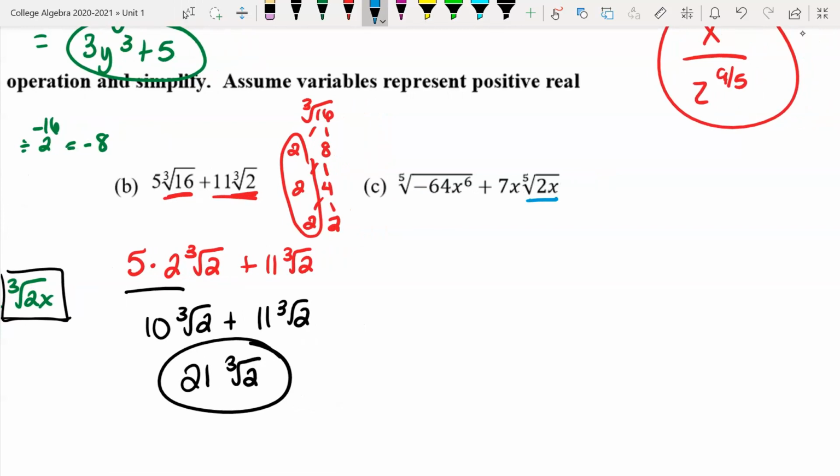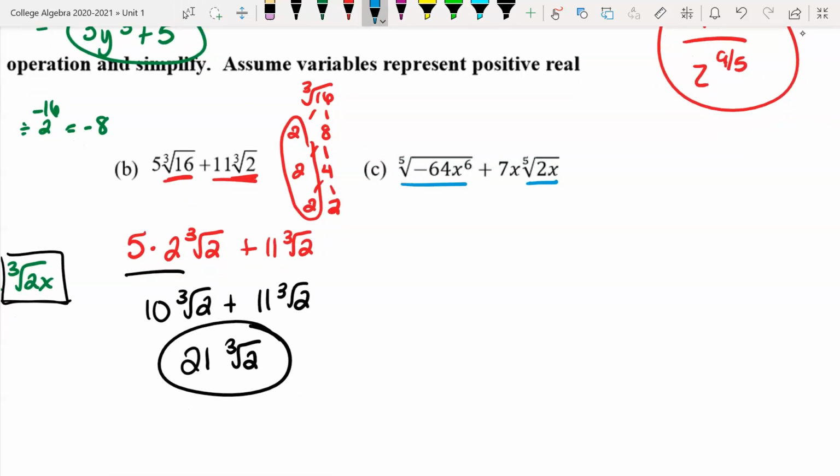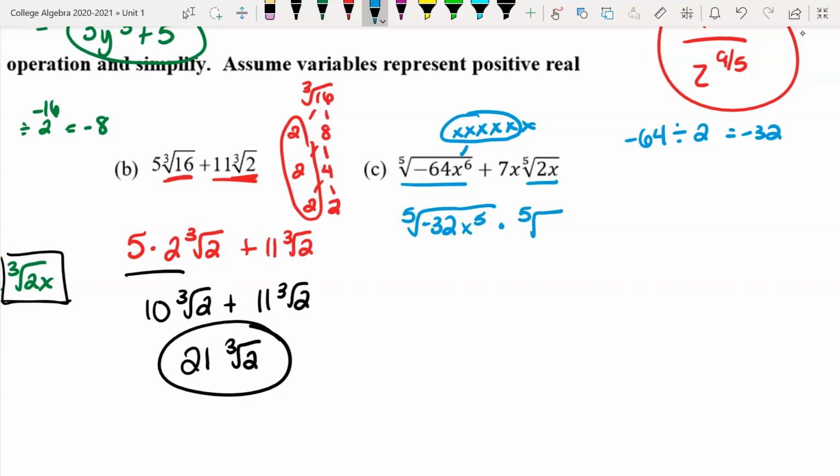Again, same thing here. I have 2x left over. Probably going to have 2x left over here. So negative 64 divided by 2 will be negative 32. So I'm going to take the fifth root of negative 32. I have 6 x's. Looking for a group of 5. I can make one group of 5. So I'm going to say x to the fifth times fifth root of 2x plus 7x fifth root of 2x.